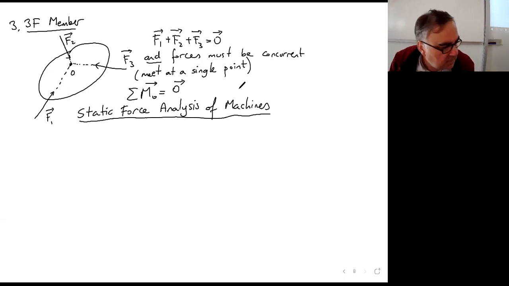Now, our choice: what we want to do is take a mechanism like a 4-bar or a slider crank or something like that and analyze the forces.